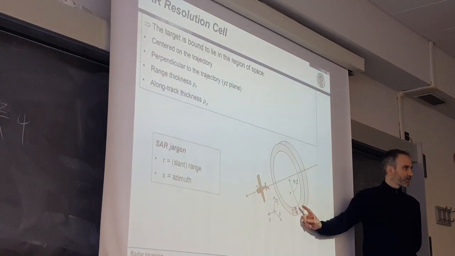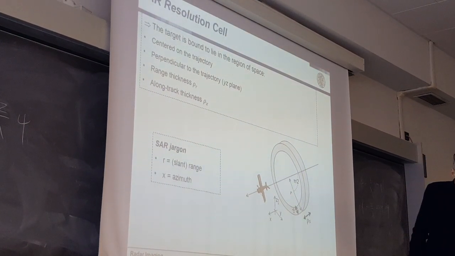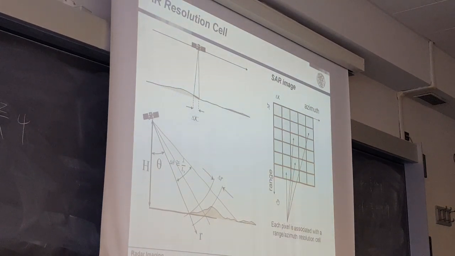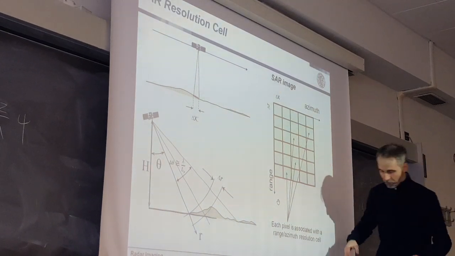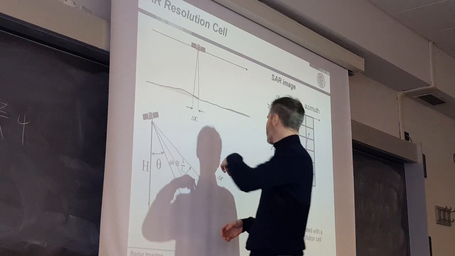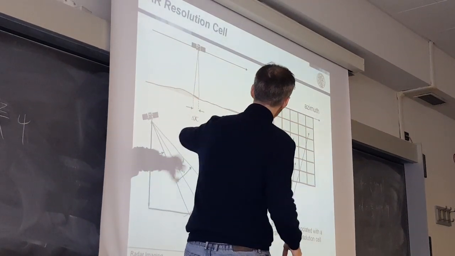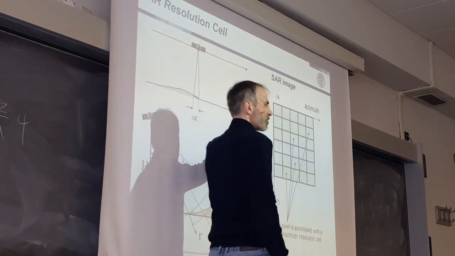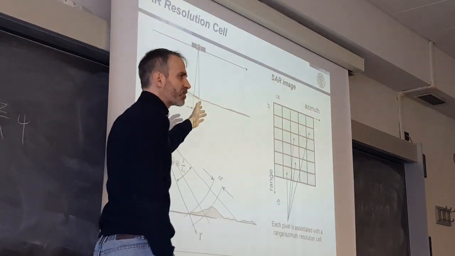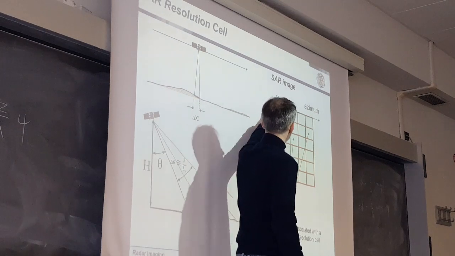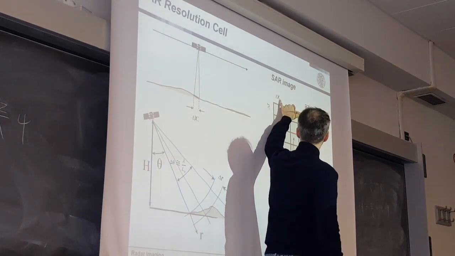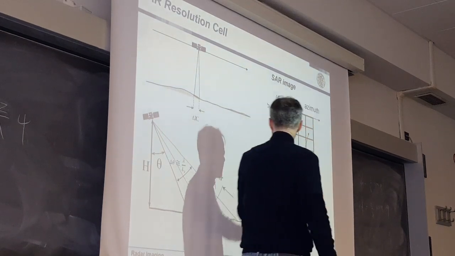If you take a look at the SAR image, each pixel is associated with a certain range and azimuth resolution cell. I forgot to tell you that the along track direction is normally called azimuth, so I will just confuse the term azimuth with the x coordinate.